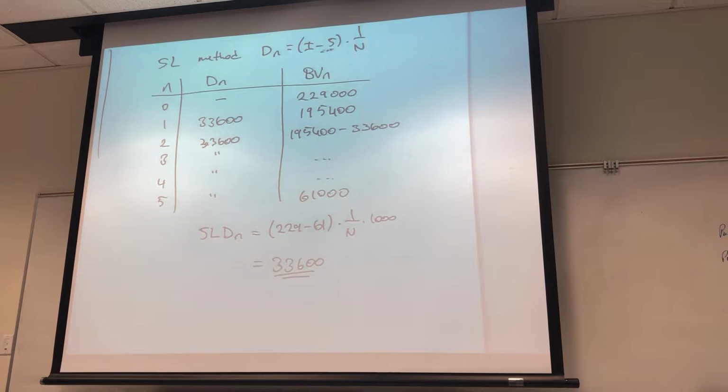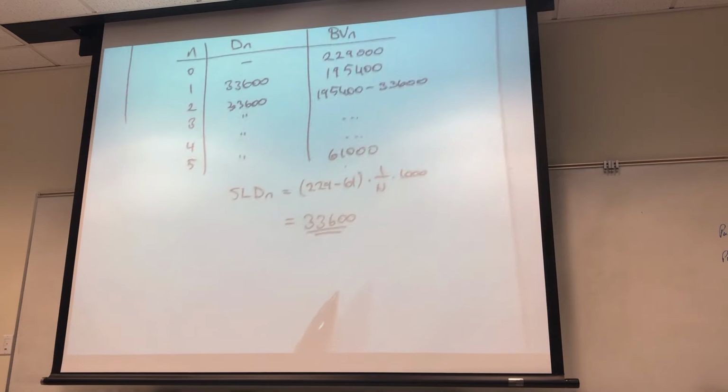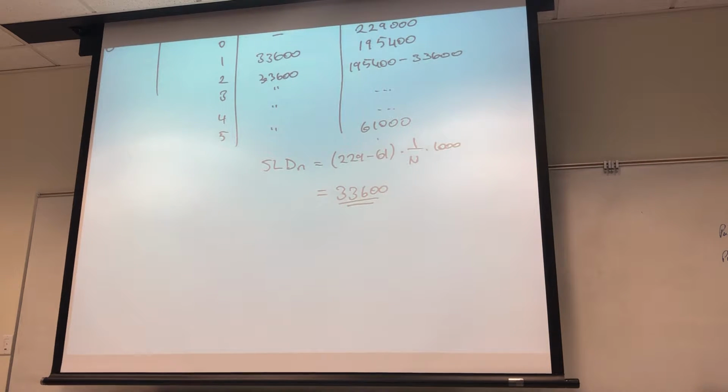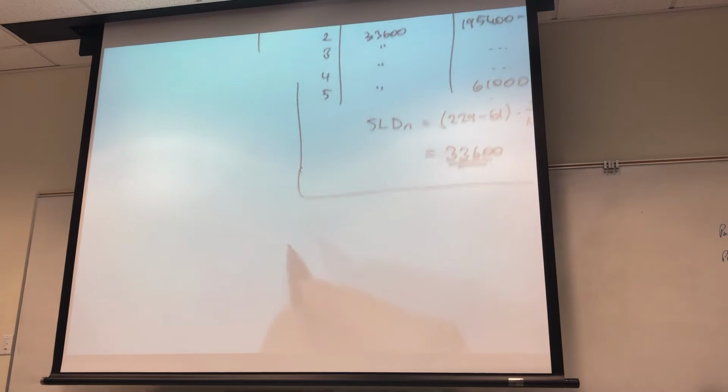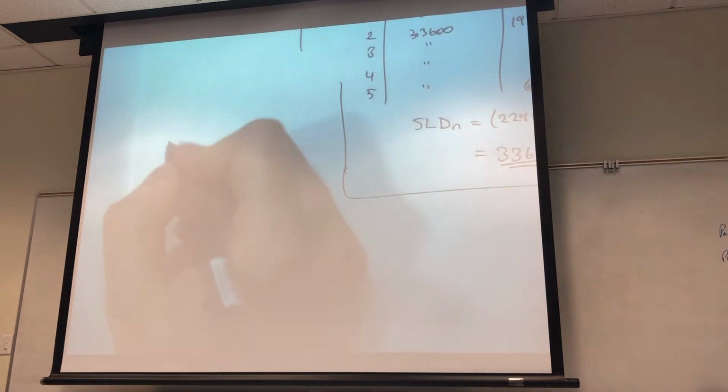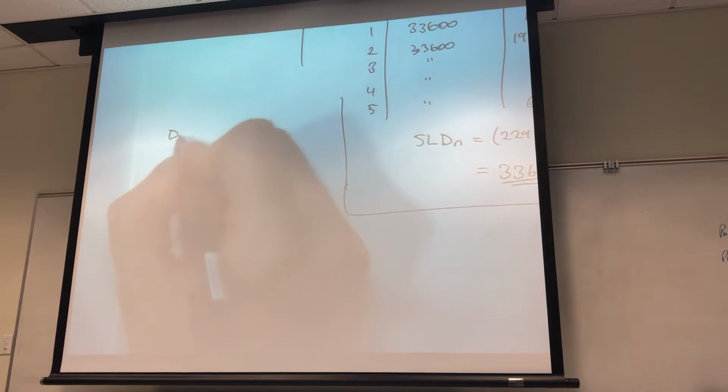Okay, SL brings us to this. Now we use declining balance. So we have an alpha, which is 1 over n times the multiplier. The multiplier can be 1.5 or 2. And this determines if it's a double declining balance or just plain old declining balance. This is declining.